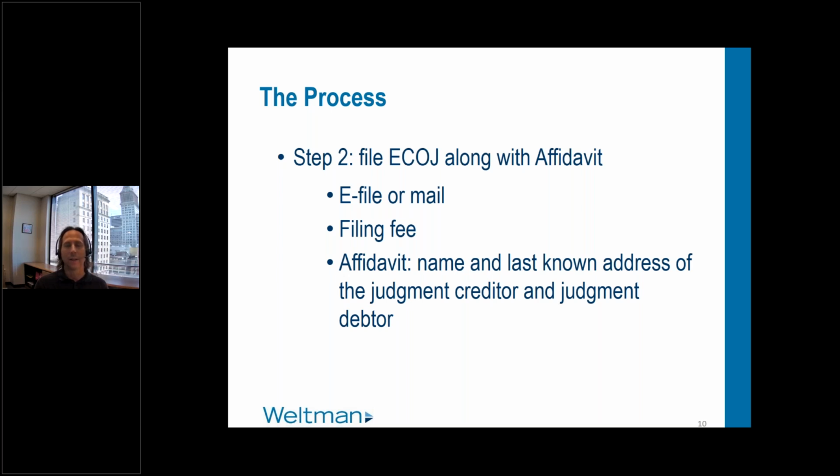I find that interesting, because you just went to all that trouble to get the ECOJ, and then you're essentially filing a copy of that. So what we do is file the electronic copy, then hold on to the original in case there's ever any issue. But that's something you'll want to find out as you start this process.